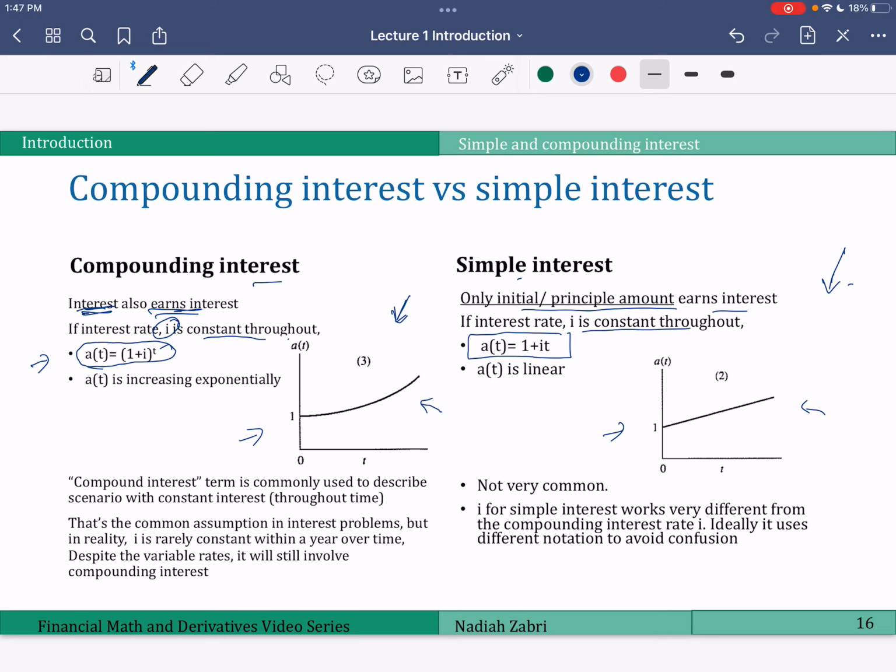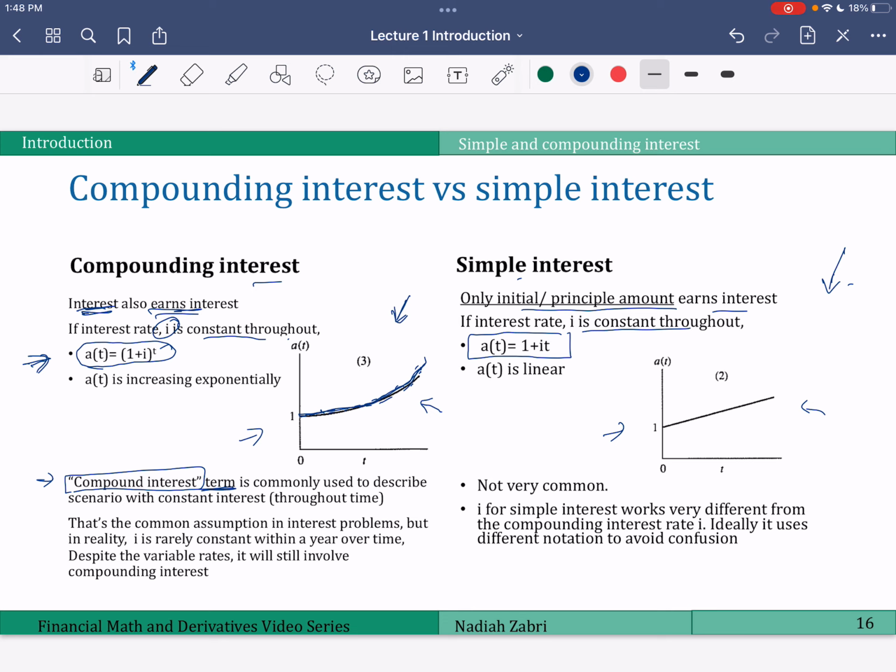I just want to share here that the term compound interest is commonly used to describe this accumulation function, where the investment grows in this pattern. It grows exponentially where the growth rate is constant throughout time. However, even if the rate varies within our period of investment, we still consider it compounding interest.